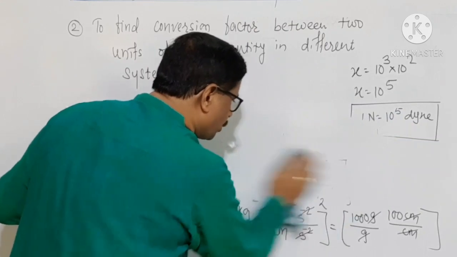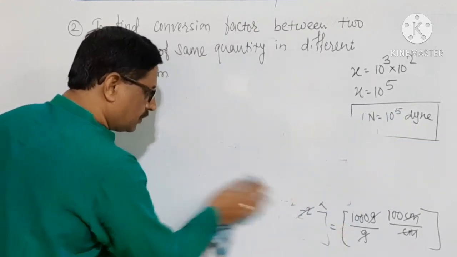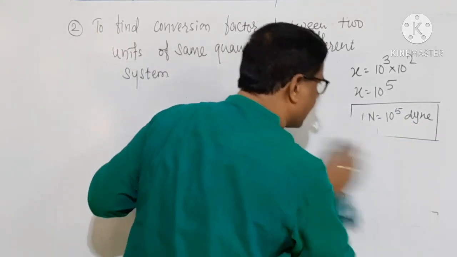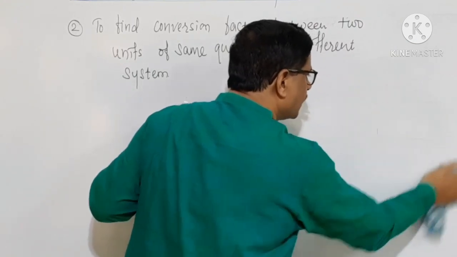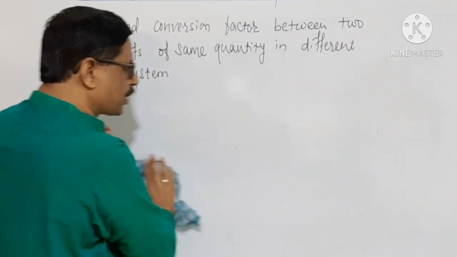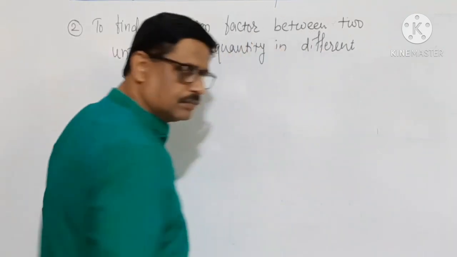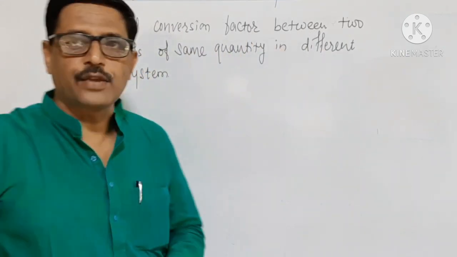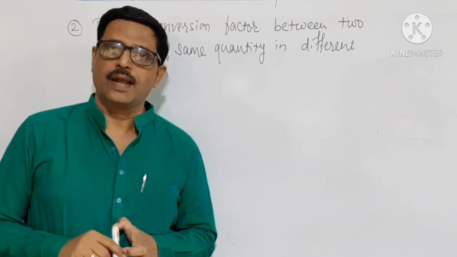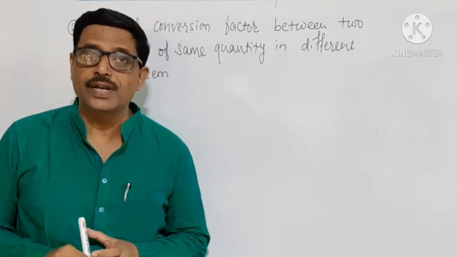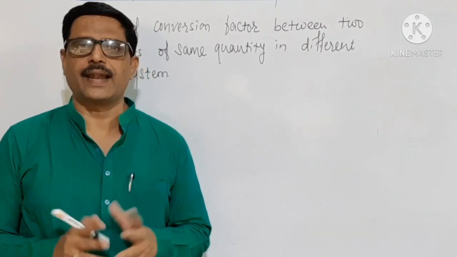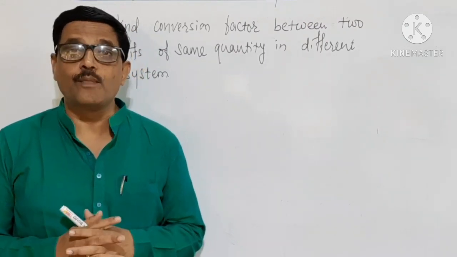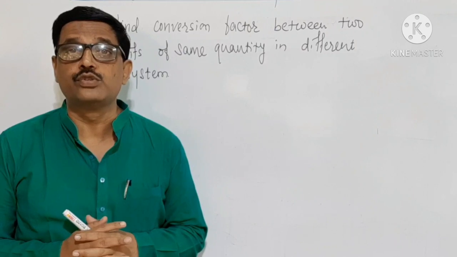Now, similar to this, we will take one more example. The SI unit of work is Joule and the CGS unit of work is erg. Then again the question arises, how many erg is equal to 1 Joule?